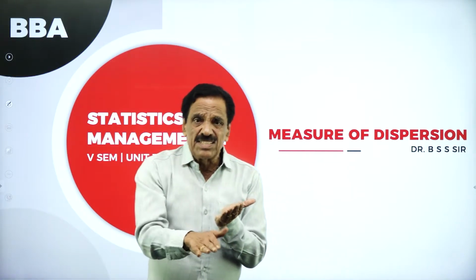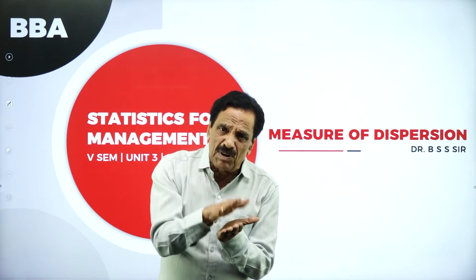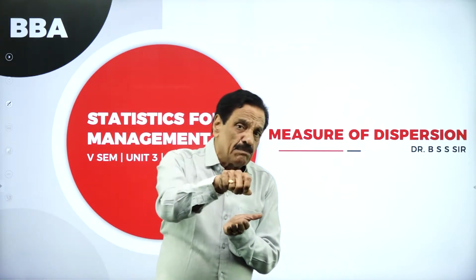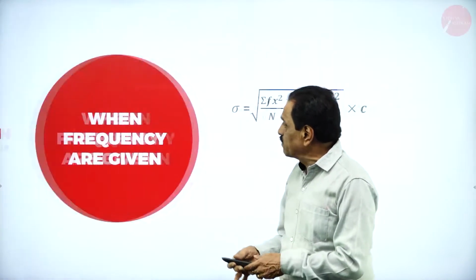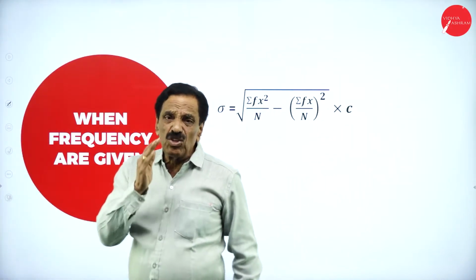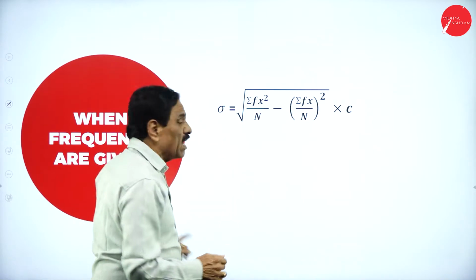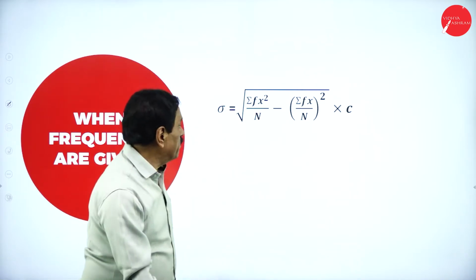Today in this session, I am going to discuss one point: single numbers with frequency, when frequencies are given in the problem. What is the formula?